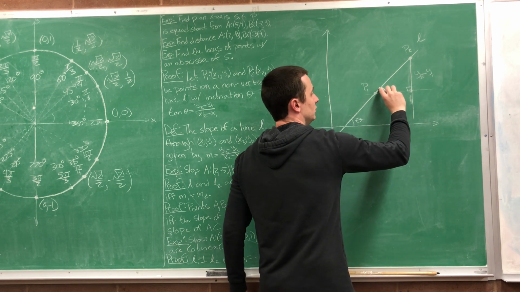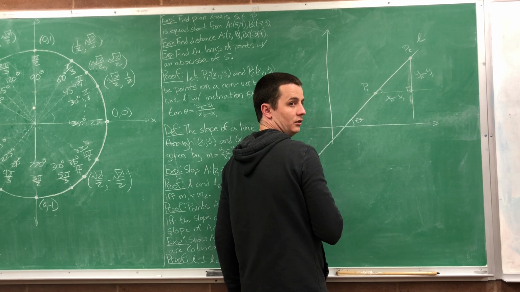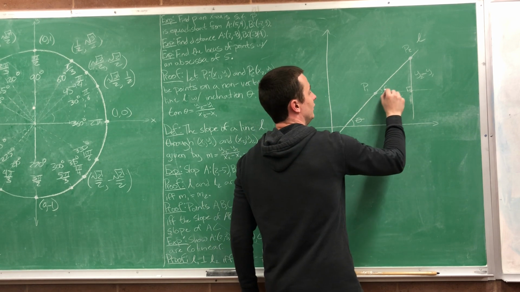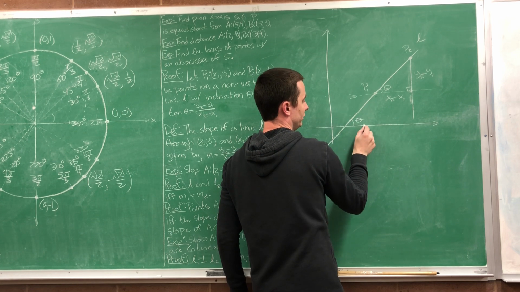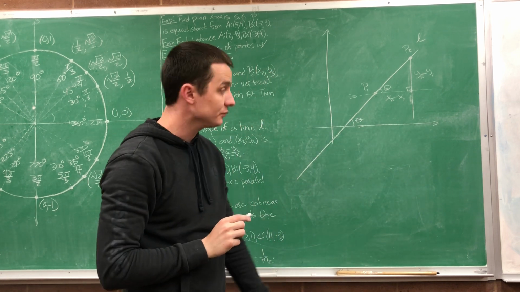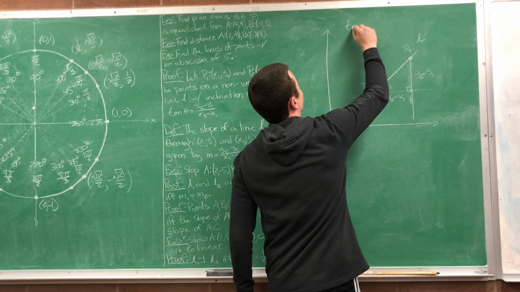What is this angle? Theta. I forgot what it's called. Yeah, that. This line was intended to be drawn parallel to this line. Perfect. Now, by definition, tangent of theta gives you what?